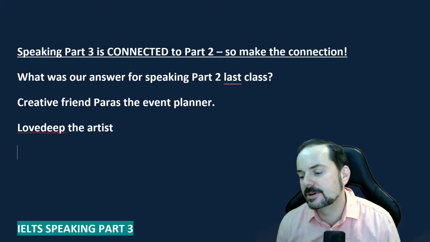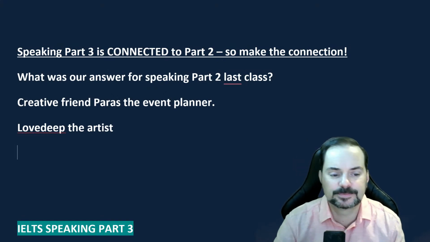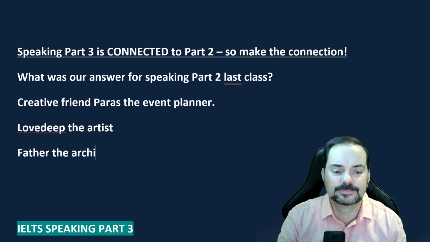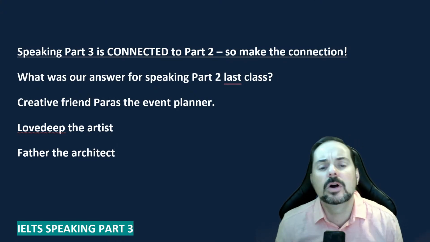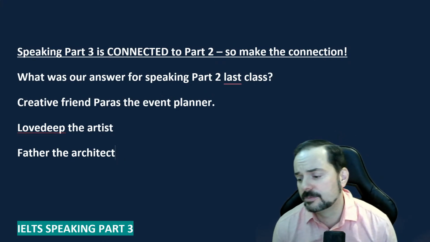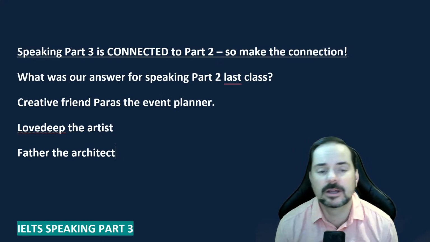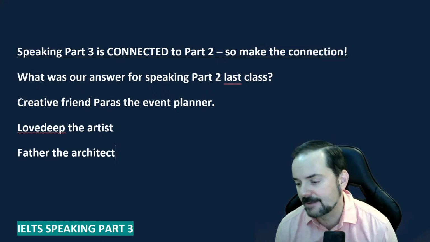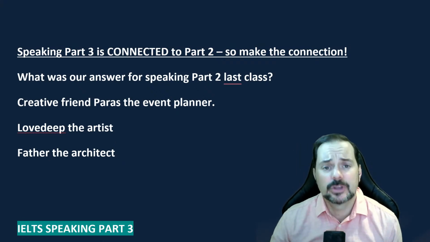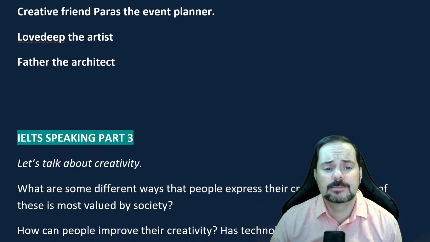Anybody remember Sun's answer? Father, the architect. Okay. We also had some other really good ideas for part 2. So hopefully you did not forget about that. Yeah, absolutely. Very nice. So you want to make those connections in part 3.